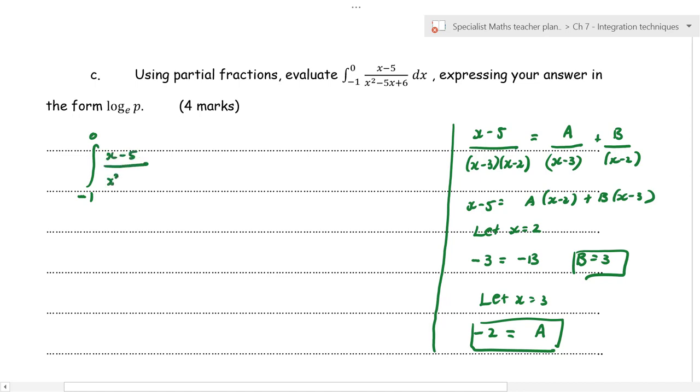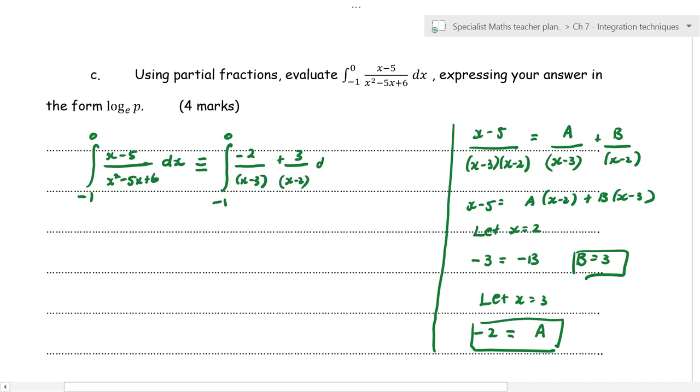I know that it seems quite laborious and tedious, but what you do is you write that, and that is equivalent to the integral from negative 1 to 0 of minus 2 over x minus 3 plus 3 over x minus 2, dx.